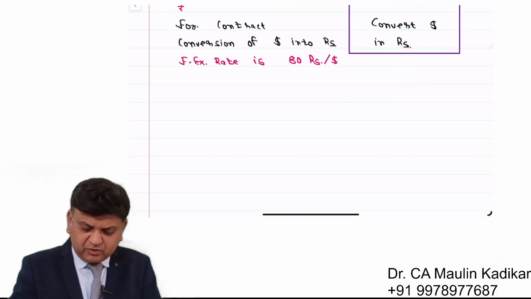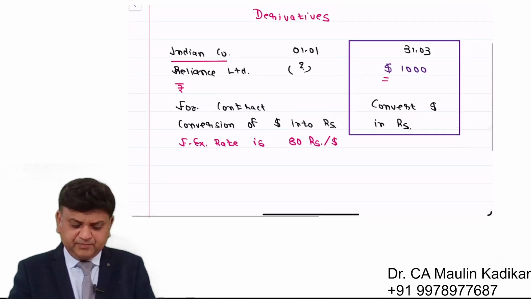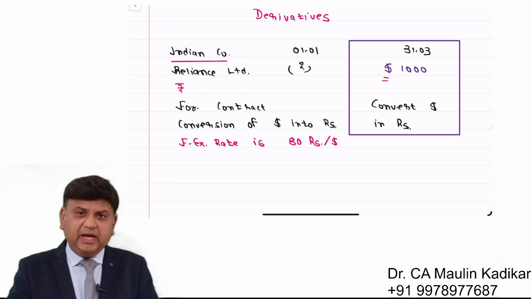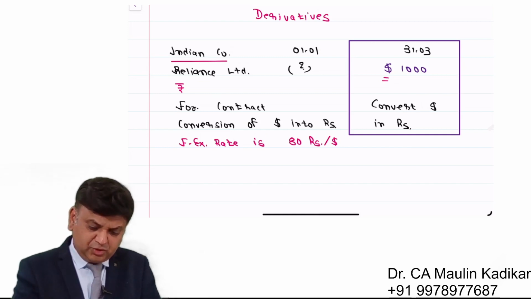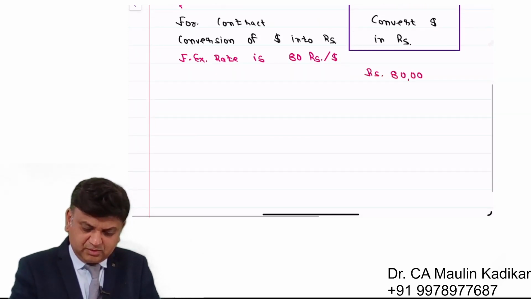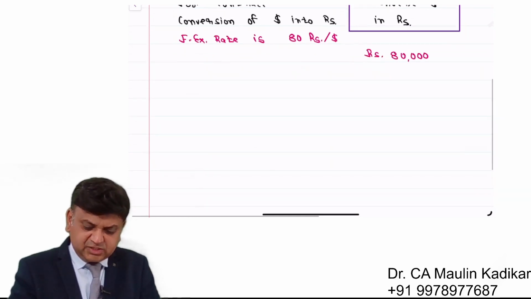So with this forward contract, what will happen, friends? The Indian company Reliance will receive an amount of rupees 80,000 on 31st of March. This 80,000 is calculated as 1,000 into 80 rupees per dollar.